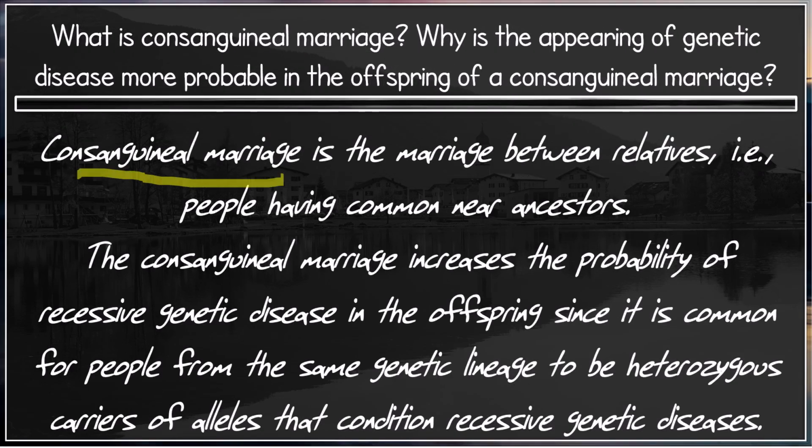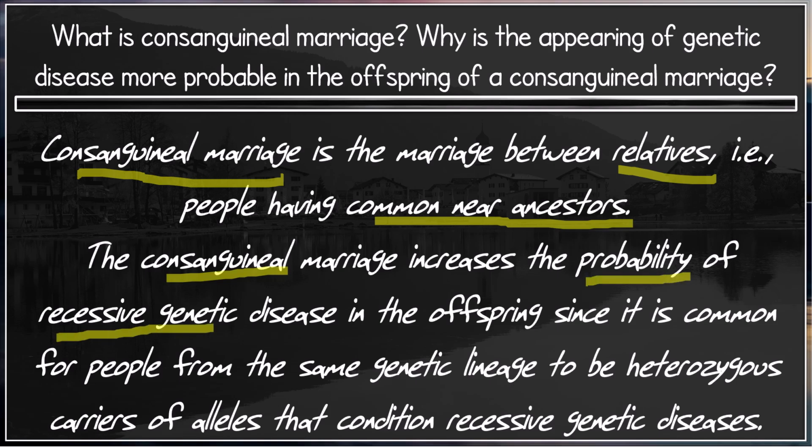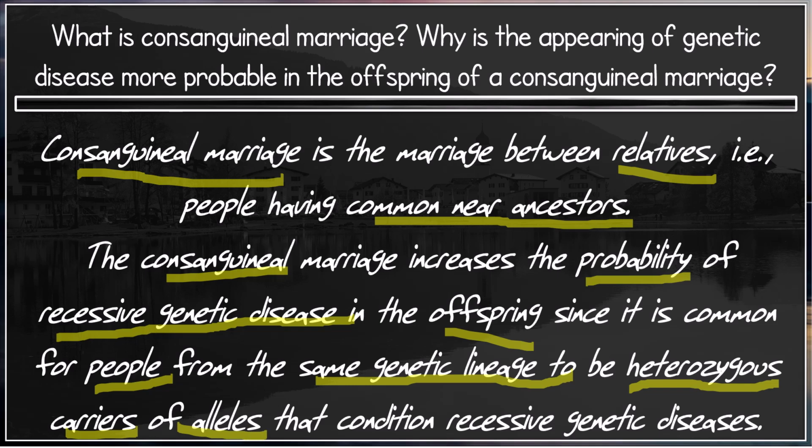Consanguineal marriage is the marriage between relatives, that is, people having a common near ancestor. Consanguineal marriage increases the probability of recessive genetic disease in the offspring, since it is common for people of the same genetic lineage to be heterozygous carriers of the allele. That condition, recessive genetic disease.